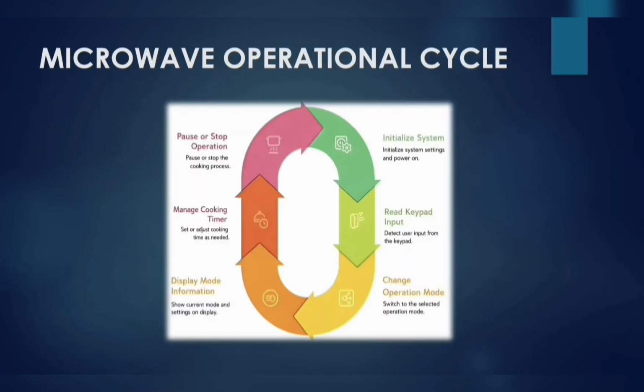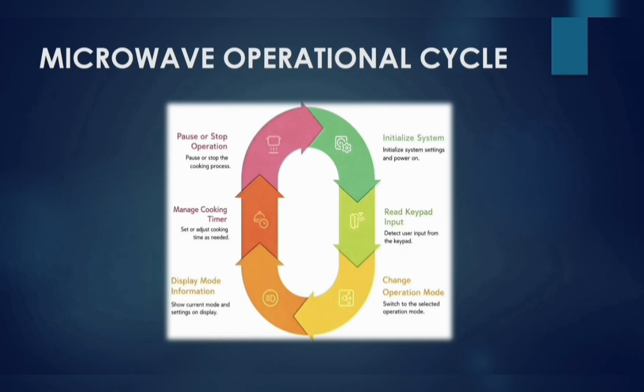Next, the microwave operation cycle, which is shown in the figure. First is the initialization of the system, which occurs at the start. Then we read keypad input from the user and change the operation mode according to the user input. The display shows the mode information, which shows the current mode and the settings.